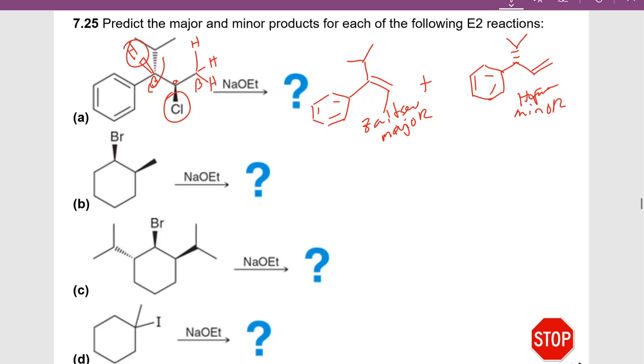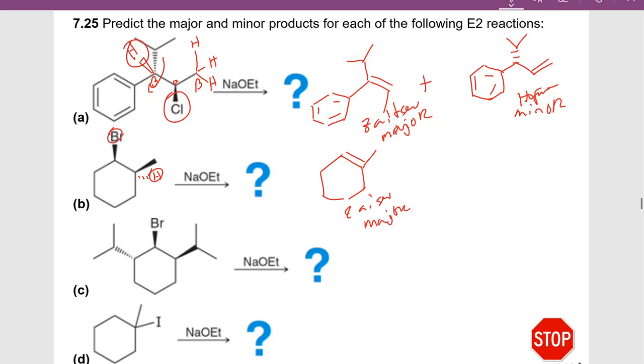All right, so for B, we've got a hydrogen going back at the methyl group, and that's going to give us the Zaitsev product from that bromine. We're eliminating anti here. And so that's going to be our Zaitsev, and probably the major product.